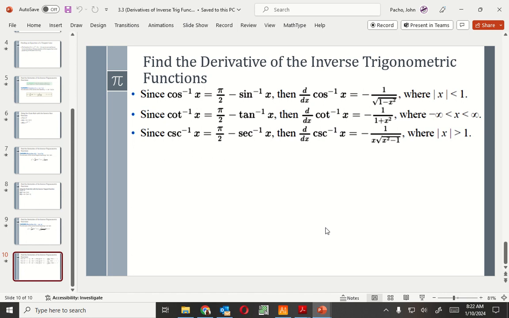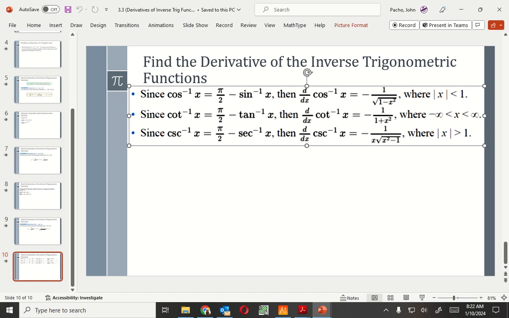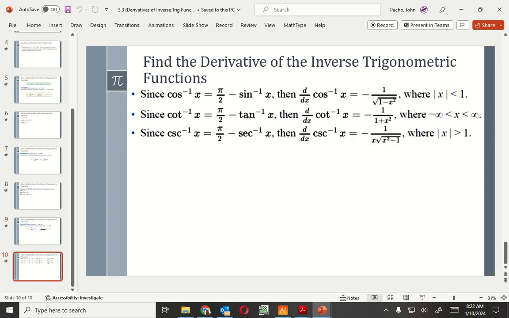So inverse cosine is going to give me this one here, okay? Inverse cotangent is this one here, inverse cosecant is this last one down here. So you're going to have all of them now. You have all 6 trig functions that all you have to do is replace and do your substitutions for this.